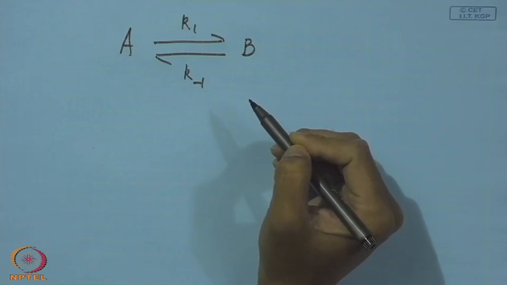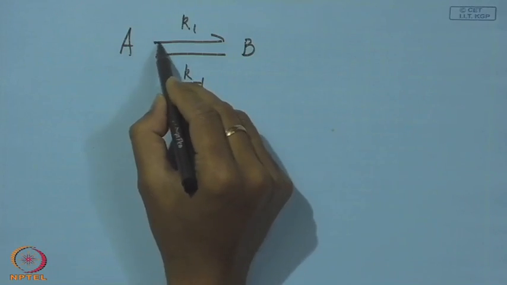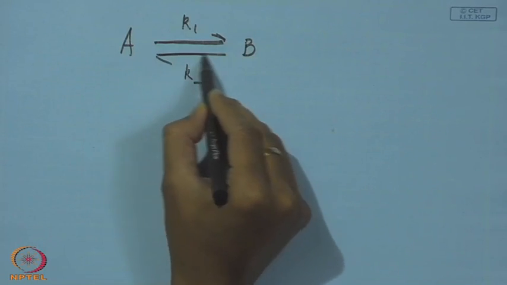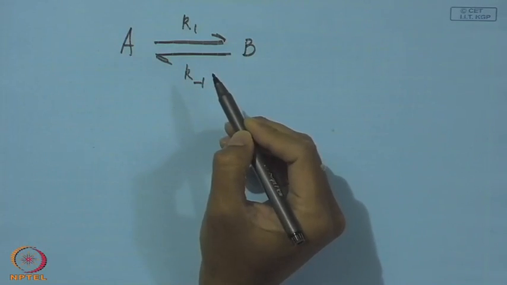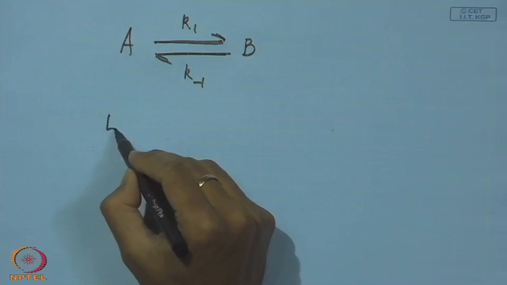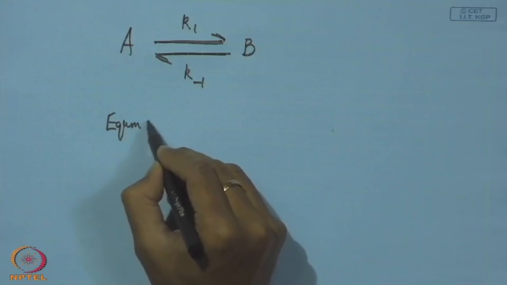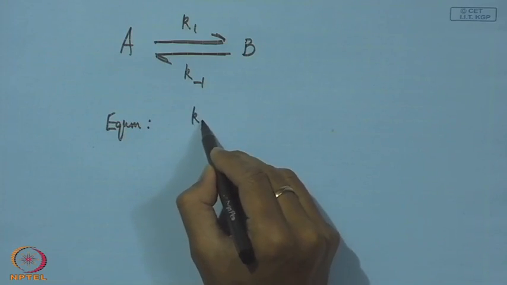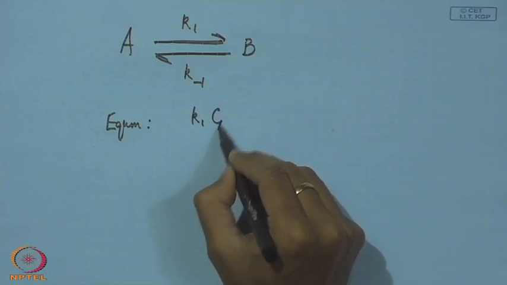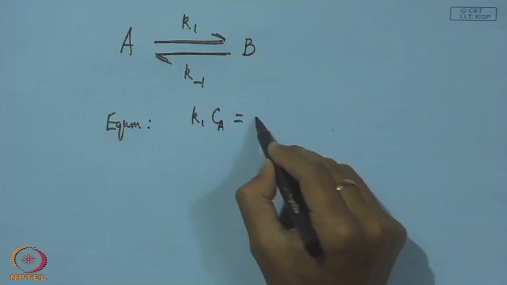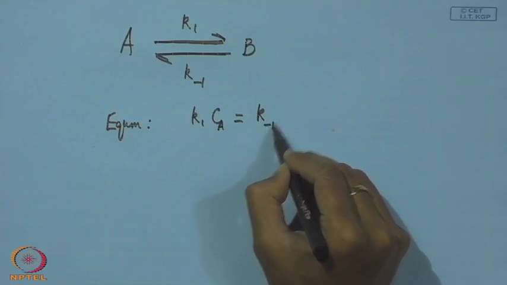Consider that in both directions it is a first order process. So, at equilibrium, K1 Ca is equal to K minus 1 Cb.